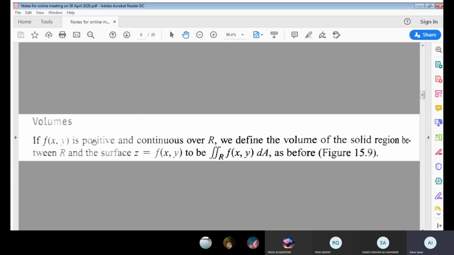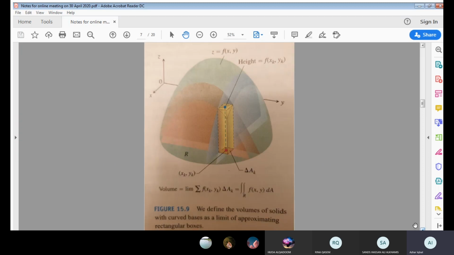If f of xy is positive and continuous over this region R in the xy plane, we define the volume of the solid region between R and the surface z is equal to f of xy to be given by this double integral. The solid region we are looking into is this one.